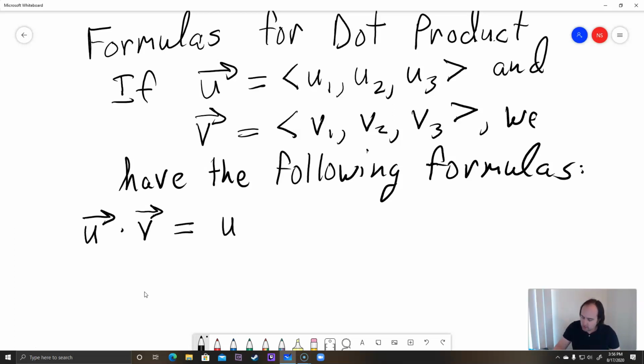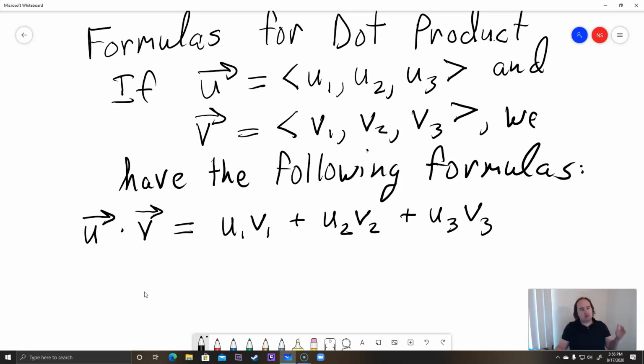So that would be u1 v1 plus u2 v2 plus u3 v3. Okay, so that would be the one that we just used above, which is actually really simple. You multiply each component and you add them all up. Call that formula number 1.